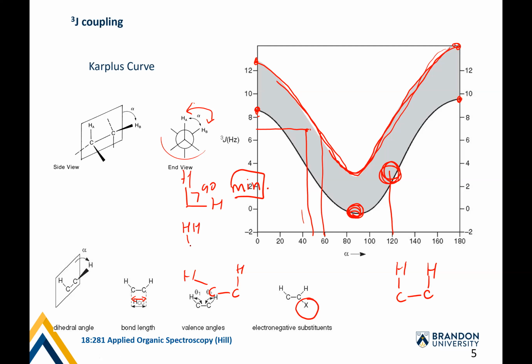And what's interesting here is that if you look at the J4 maximum versus the J4 minimum, so there's 4 bonds here. 1, 2, 3, 4. 1, 2, 3, 4.